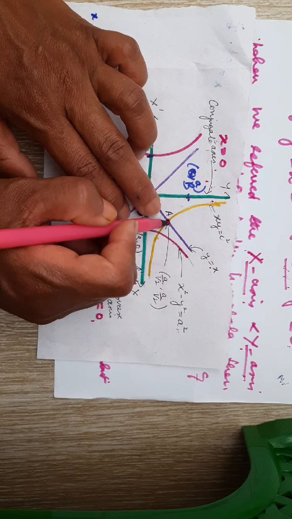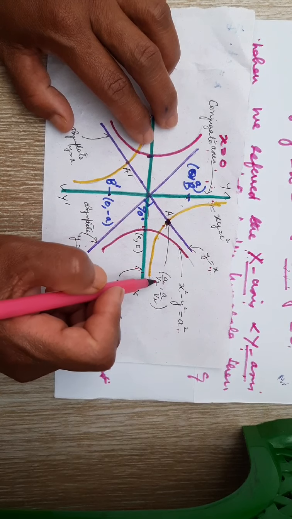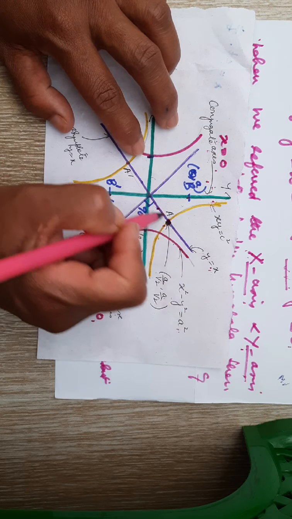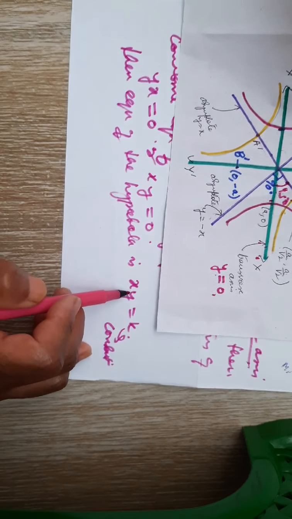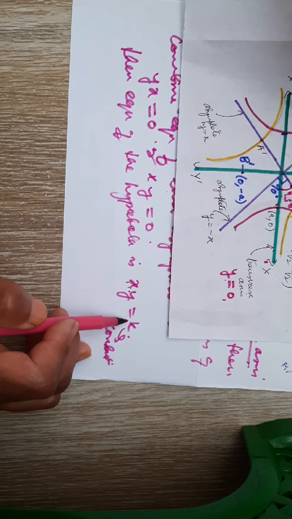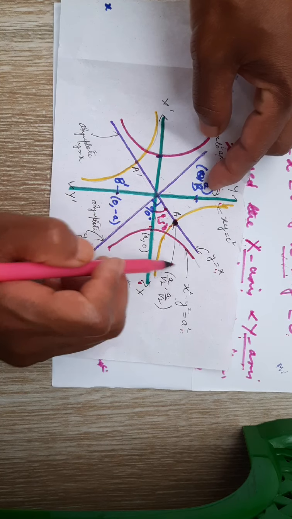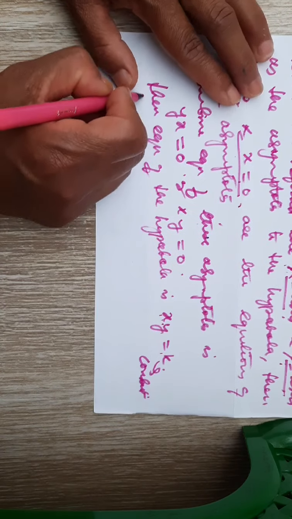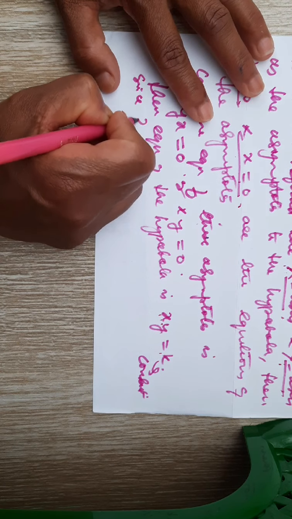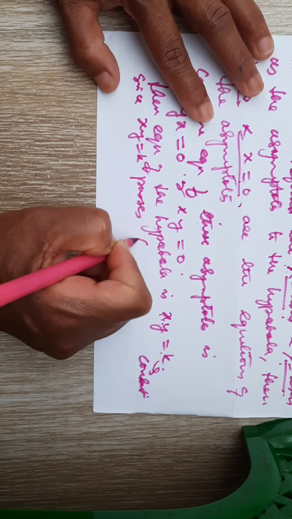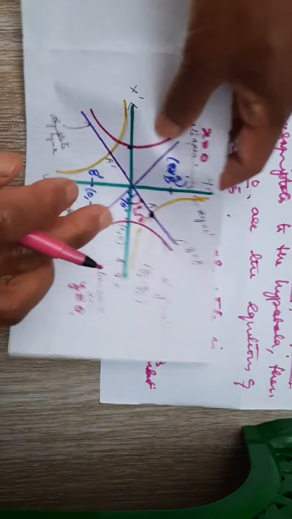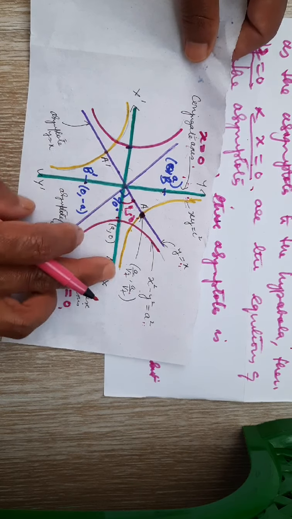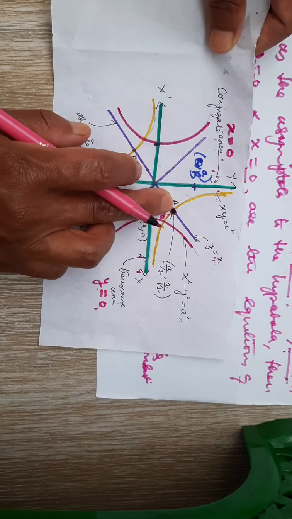That means the vertex of this hyperbola on the line y is equal to x will be a by root 2, a by root 2, because the angle made by this asymptote with the x-axis is 45 degrees. Since the hyperbola xy is equal to k passes through this point a by root 2, a by root 2, which is the vertex of that hyperbola whose asymptotes are the x-axis and the y-axis, we can calculate k.